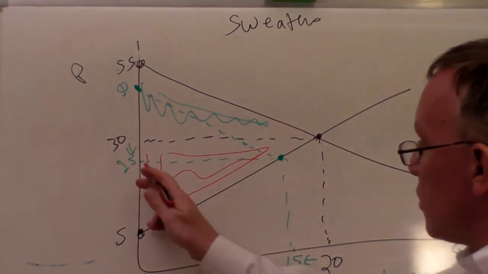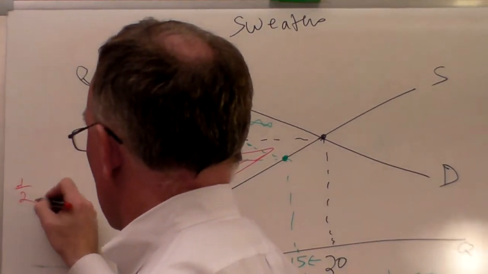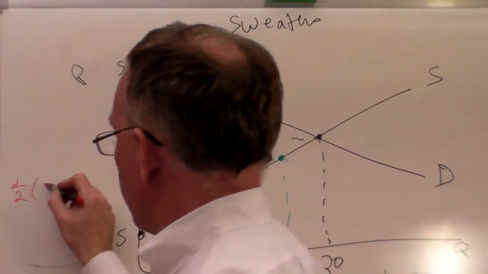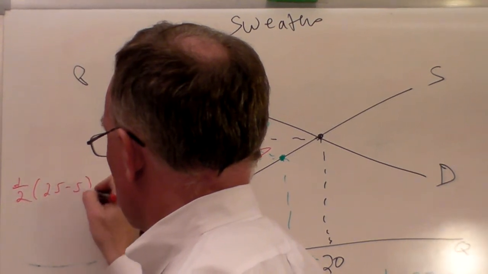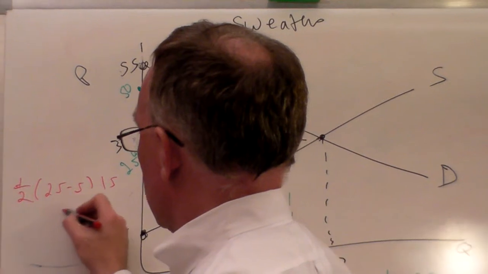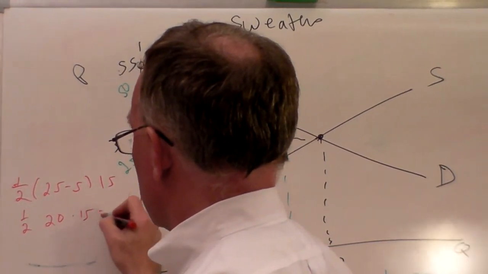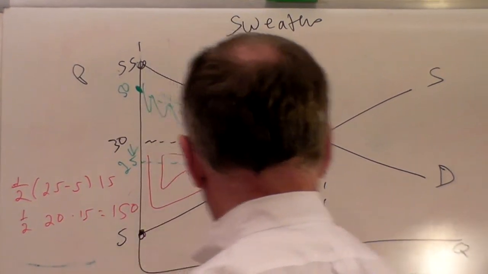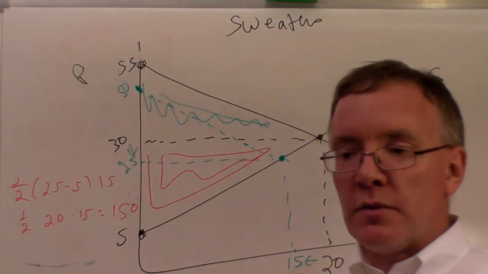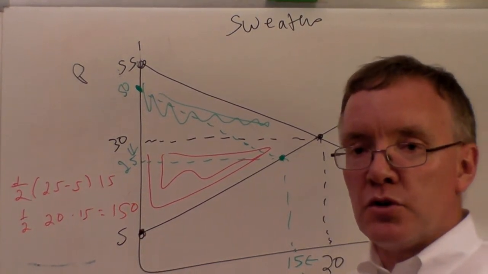It's going to be half of 25 minus 5 times our new quantity, which is 15. So it's going to be half of 20 times 15, which of course equals 150. Remember, our producer surplus before had been 250, so now we have 150 of producer surplus.